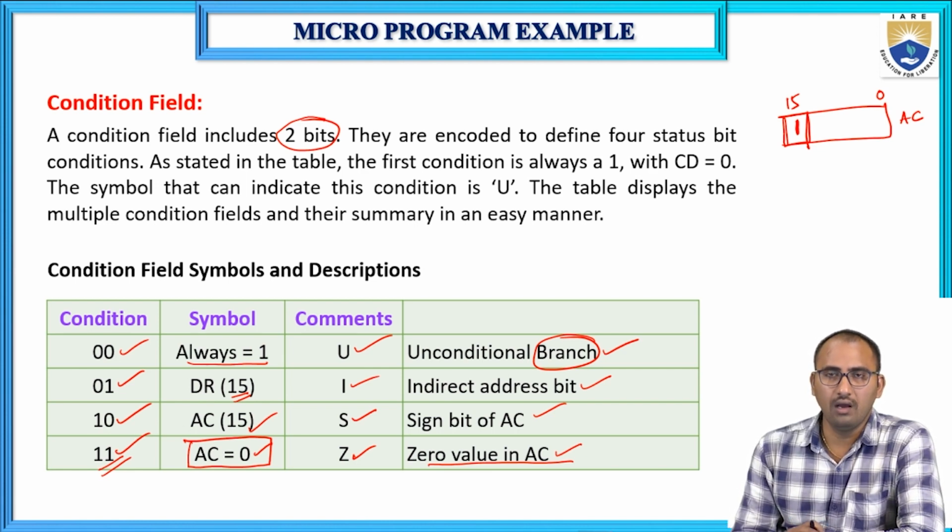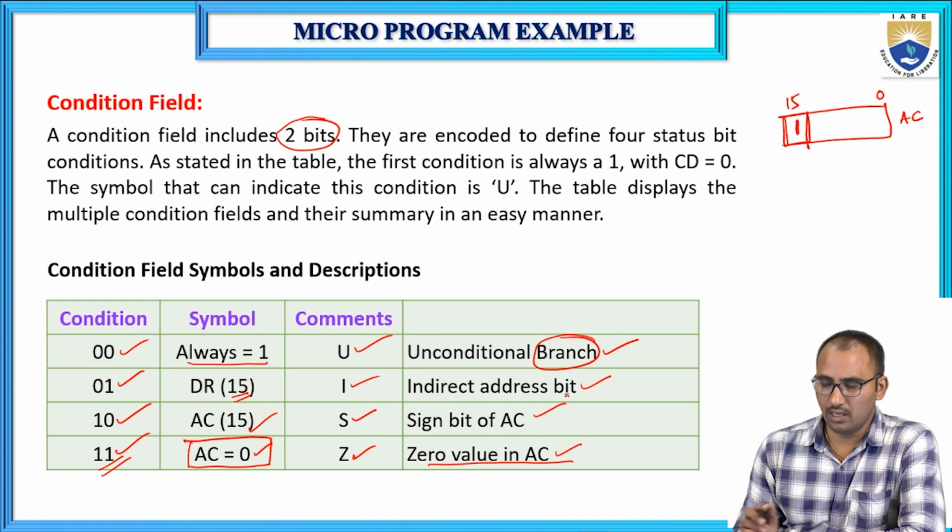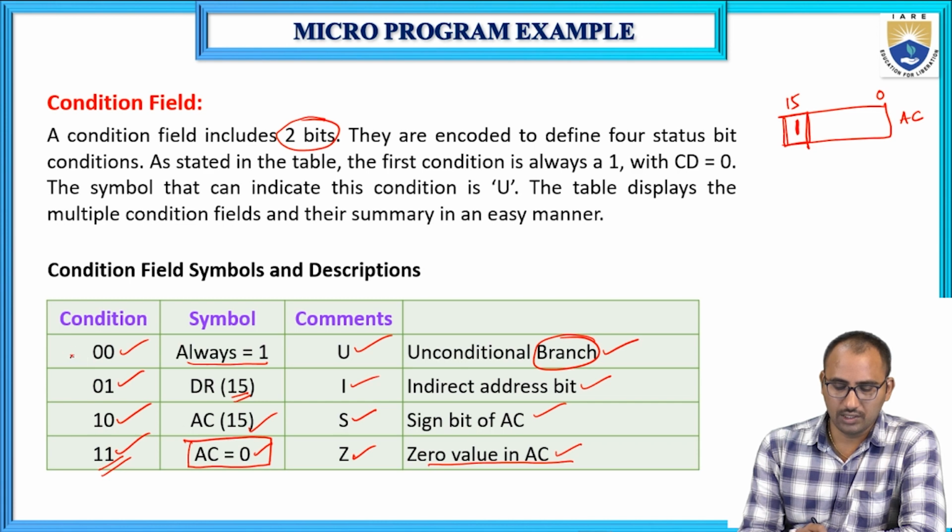The first one is unconditional branching. Next, indirect address bit. Third is the sign bit of accumulator, and then 0 value in accumulator. So the conditions are 00, 01, 10, 11.